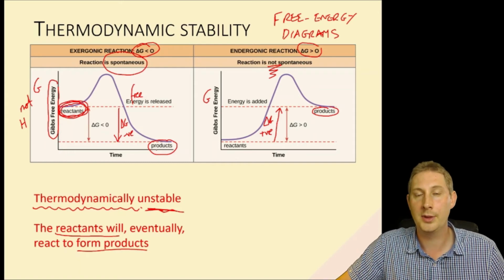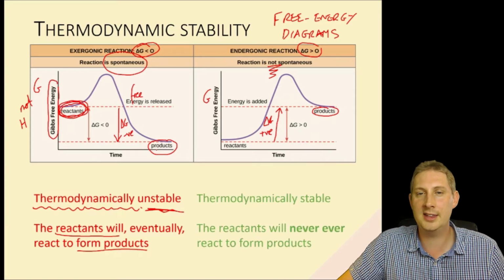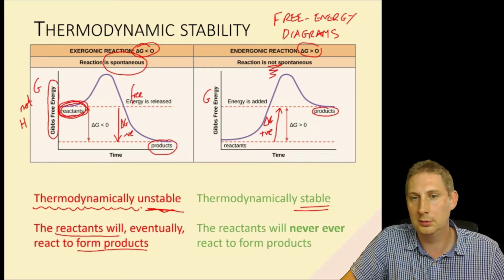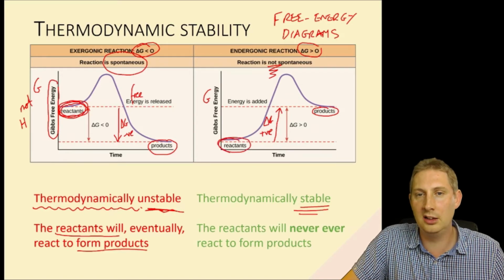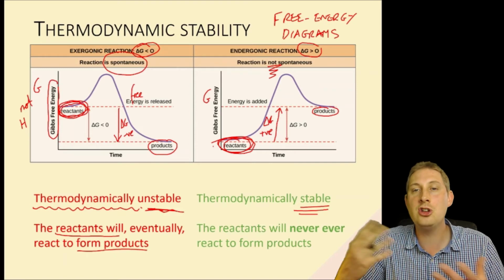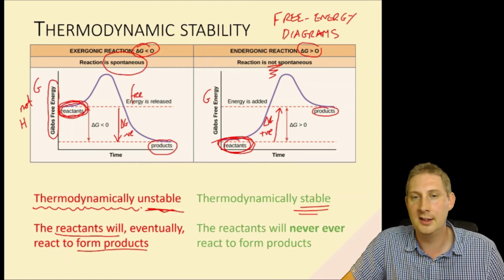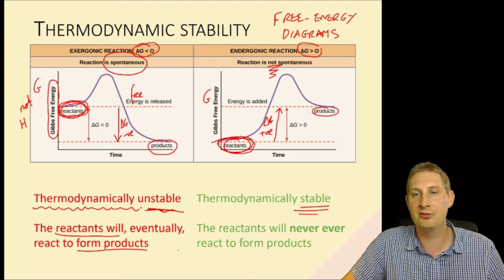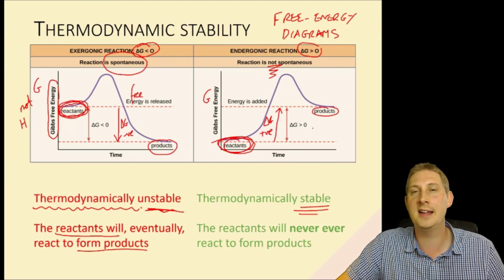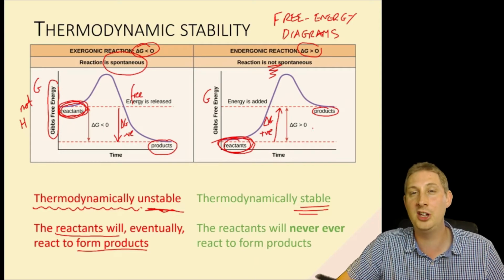energy. In contrast, for a reaction like the one on the right, this is thermodynamically stable. Our reactants will sit around there doing nothing. They are stable. They're not going to turn into products. They will never, ever react to form products because it is unfavourable, because there's a decrease in the entropy of the universe.